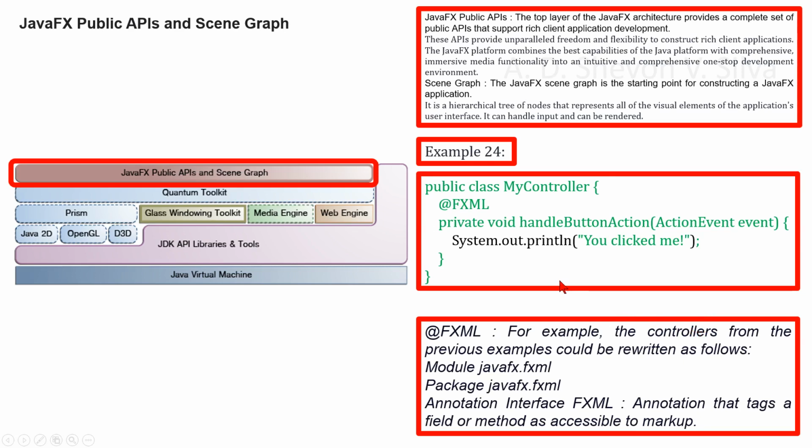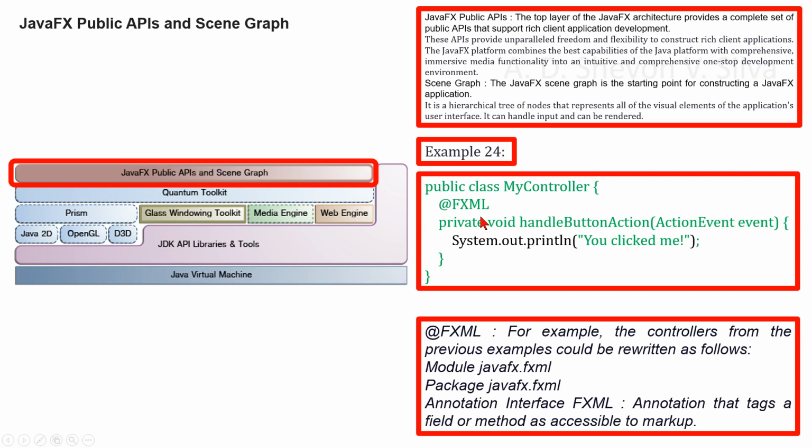In practice, this is not often an issue since the controller is generally only visible to the FXML loader that created it. However, for developers who prefer more restricted visibility for controller fields and/or handler methods, the javafx.fxml.FXML annotation can be used. This annotation marks a protected or private class member as accessible to FXML.